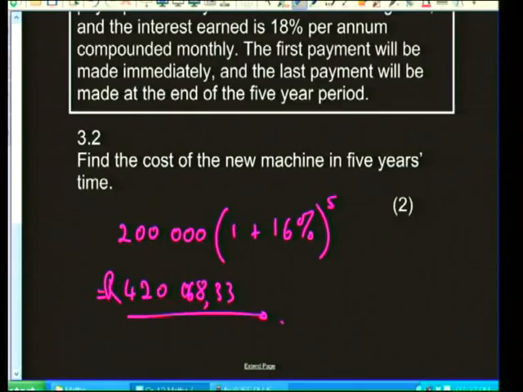That's how much the new machine is going to cost us. Guys, that's 16% increase. Wow, that's heavy. Okay, so he had the machine, it's got a scrap value. To buy the new machine is going to cost him 420,000.